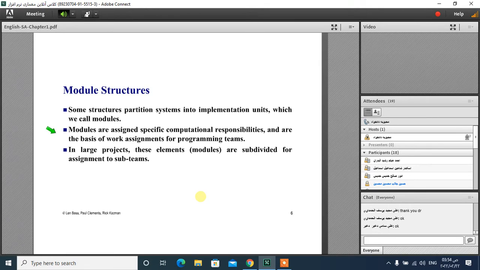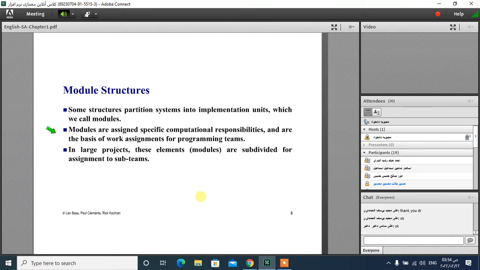We use modules to form our programming teams. Usually, for example, if we have 10 modules, then we can have 10 programming teams, which is usually not like that, because we have the hierarchical structure and the hierarchical modules.